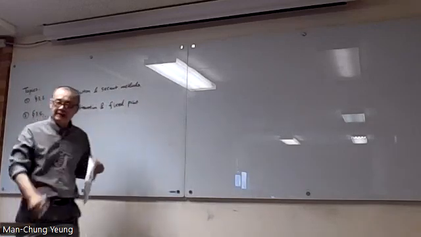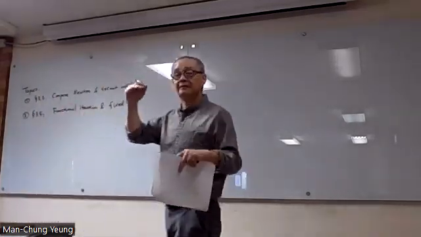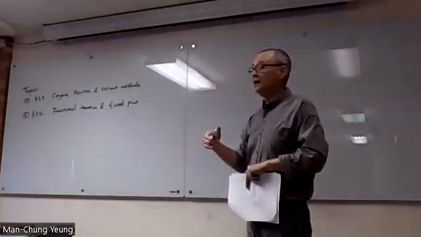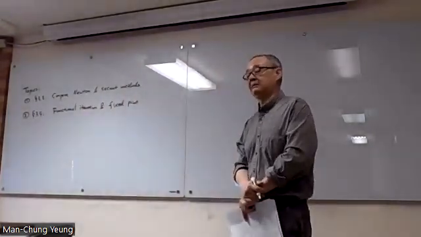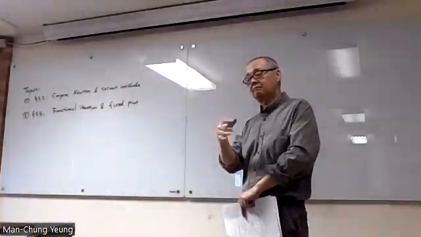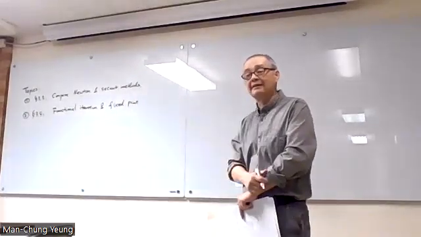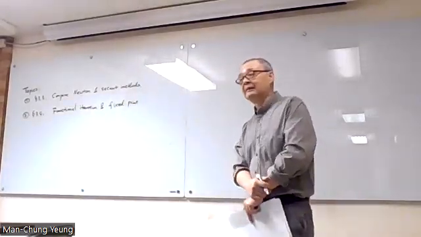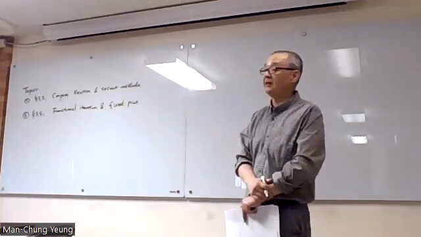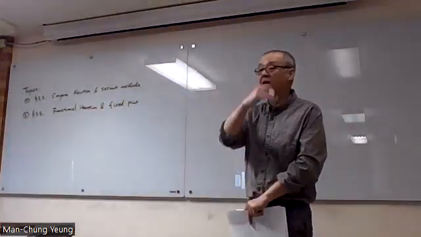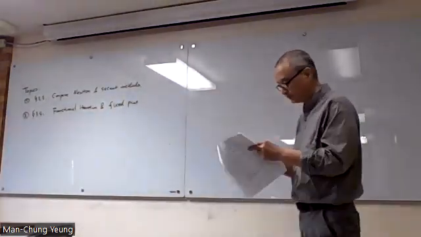Before I present these two topics, let me finish, in the last class, I want to find the convergence rate for the secant method. Yeah, let me finish that topic.